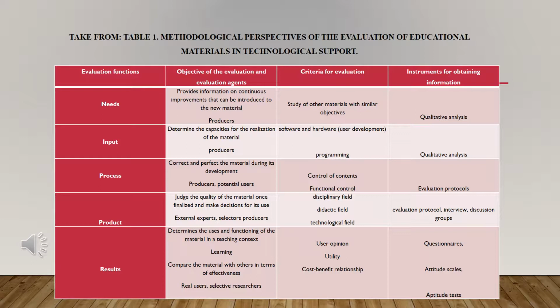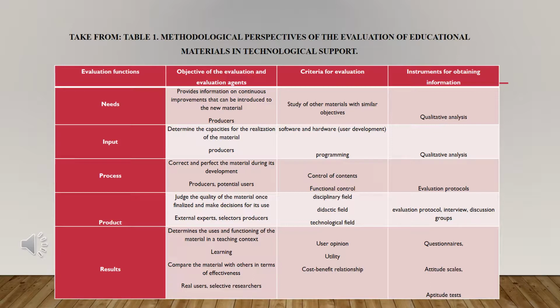Taken from Table 1, Methodological Perspective of Evaluation of Educational Material in Technology Support. Evaluation function needed: objective evaluation and evaluation agent provide information and continuous improvement that can introduce new material. Producer: critical evaluation, a study of other material with similar objectives.